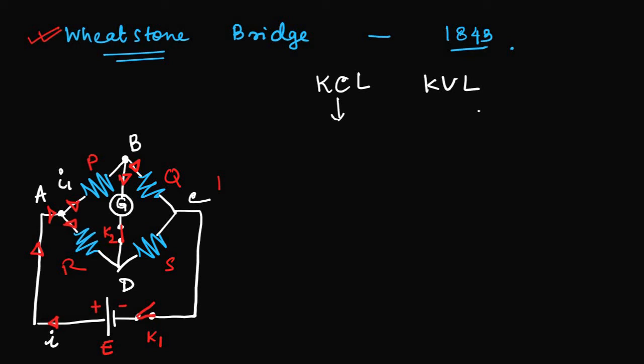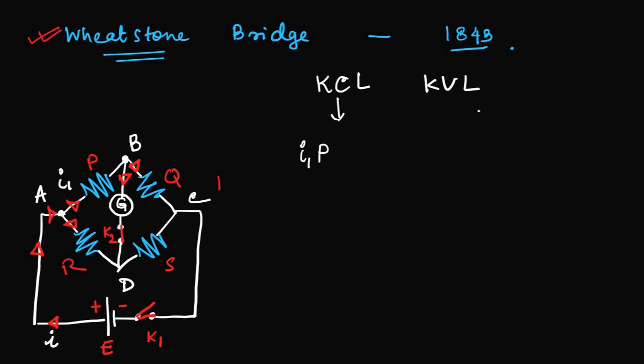Now for applying the law, if the current is in clockwise direction, then it would have a positive sign. So you can easily see what is in clockwise direction. Now I1 is in clockwise direction, that's why I1P will be positive. So first of all, my first equation has I1P positive.